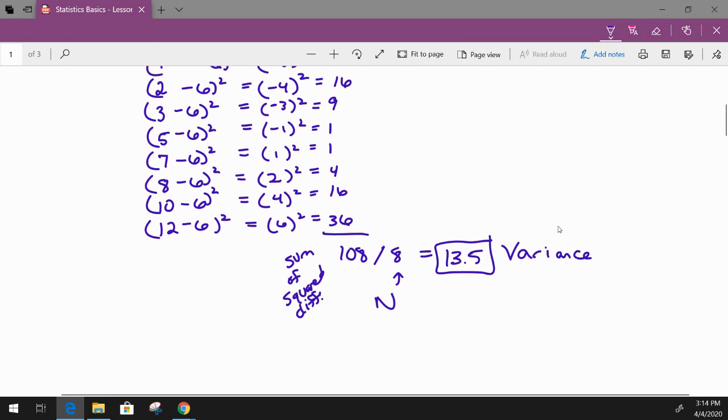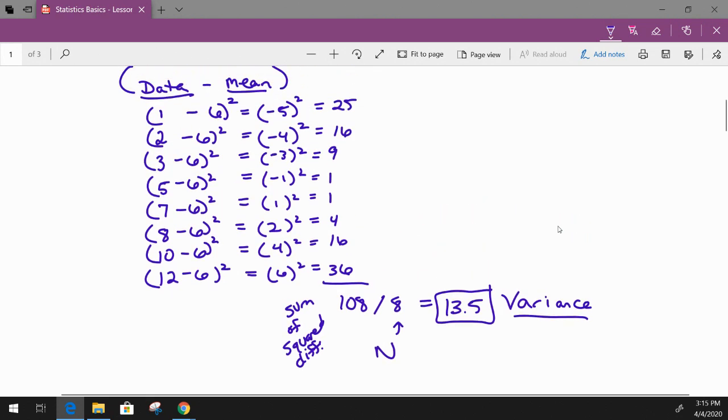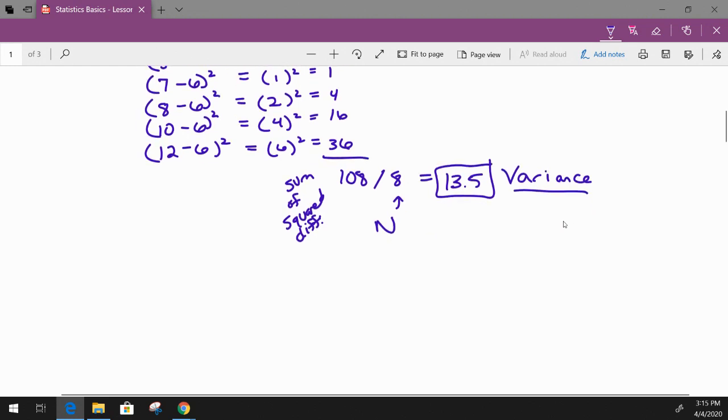All right, so now the other two items that you're asked to find are your standard deviation and the mean average deviation. Let's do the standard deviation.